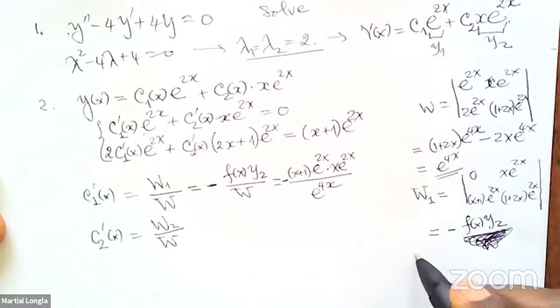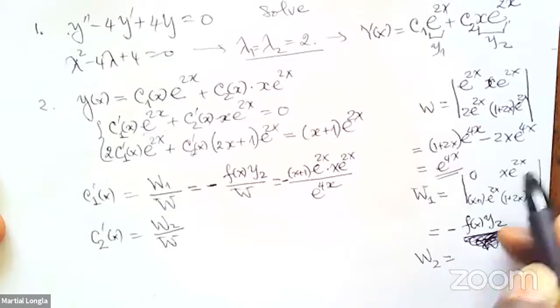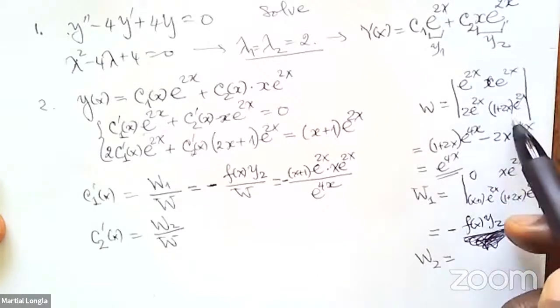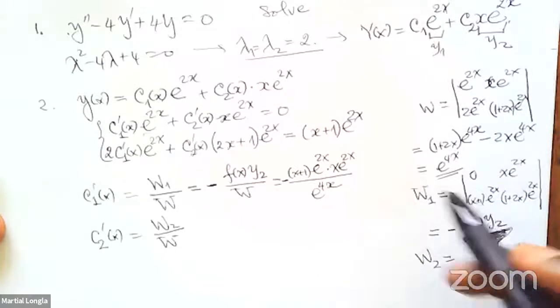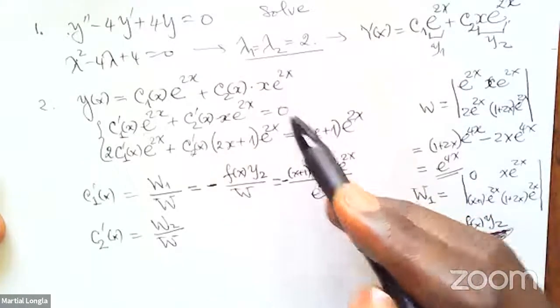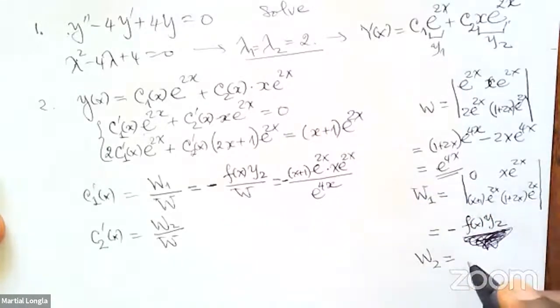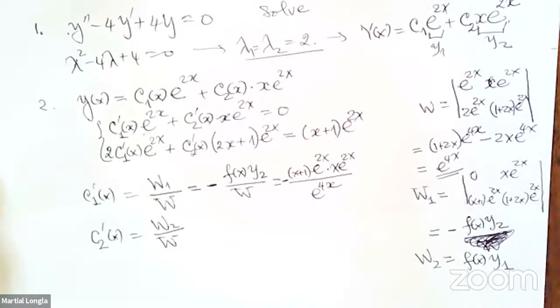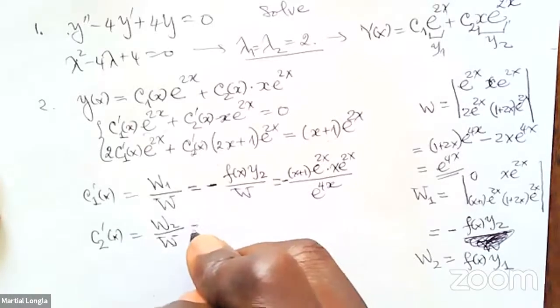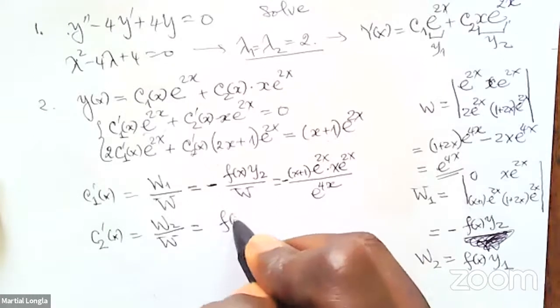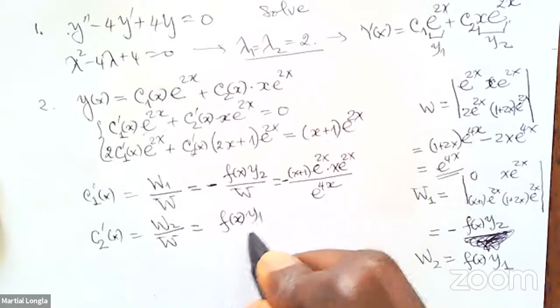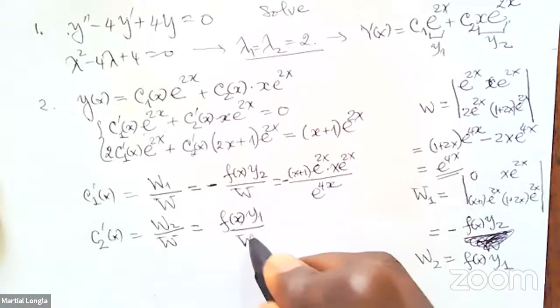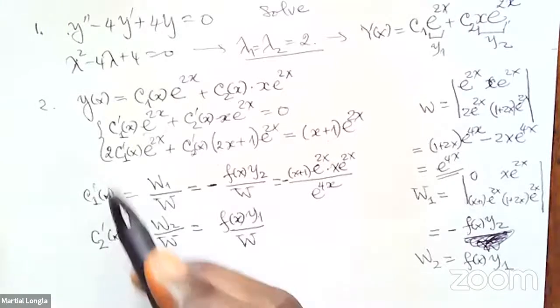Also, for W2, you replace the second column by the right-hand side of the equation, 0 and 1 plus x, and it gives you that W2 is f of x, y1. That's what you will get. And so this is f of x, y1 over W. Notice the difference between the two.